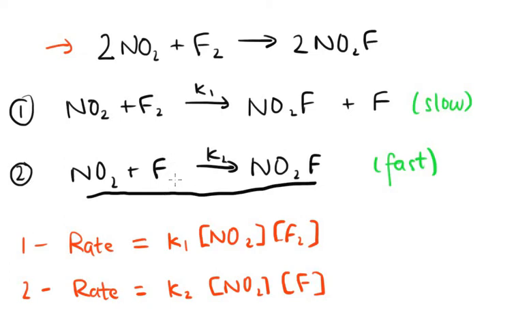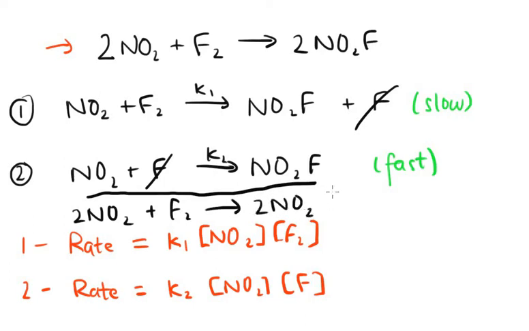The way we add each step is we eliminate species that are on the opposite side of each other, and when we add the rest, we get 2NO2 plus F2 yields 2NO2F, and that corresponds with our overall reaction.